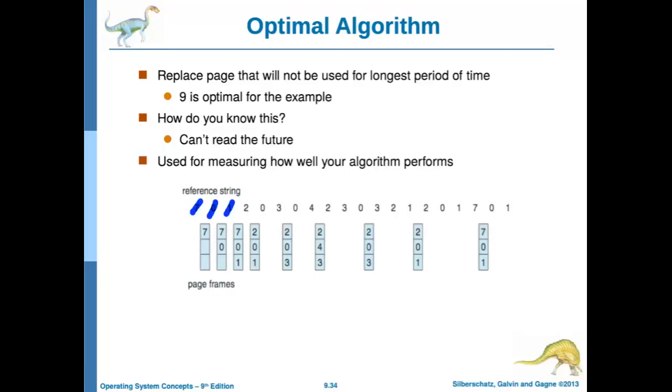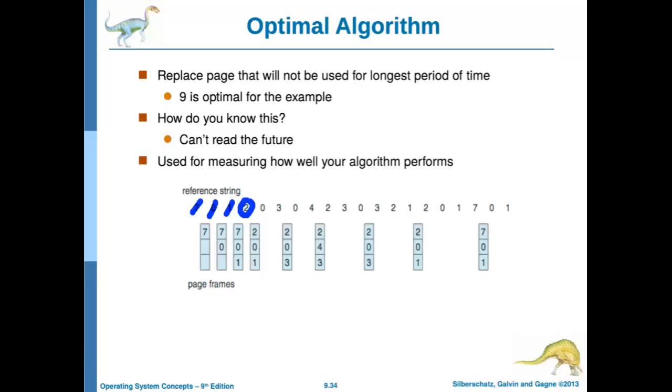Now the next thing is 2. Now we want to load 2, but there is no frame which is free. Now out of 7, 0, 1, which one to replace? The optimal algorithm says to select the victim based on what will not be required for the longest period of time.